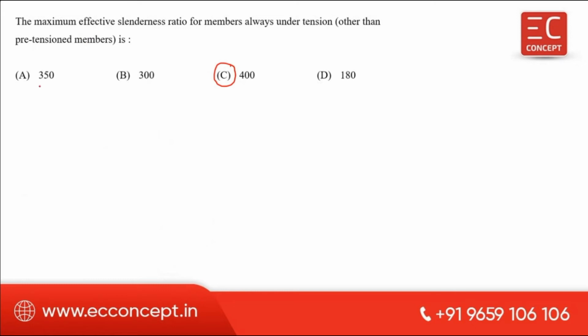For a member subjected to pure tension, the slenderness ratio lambda is equal to 400.